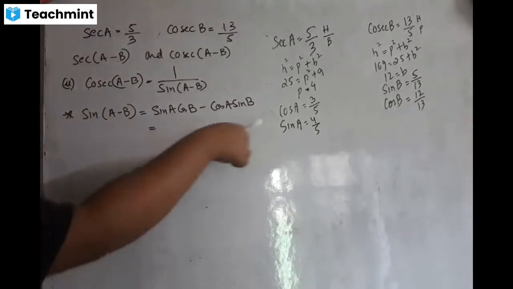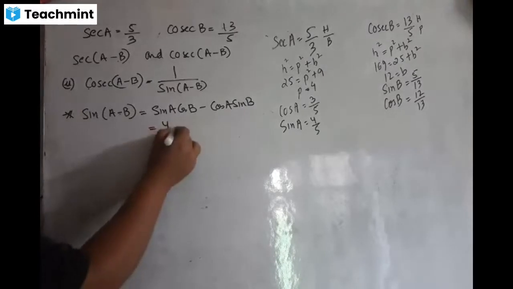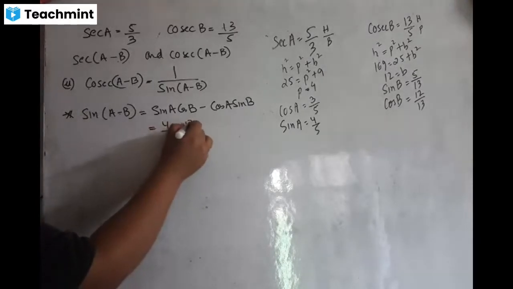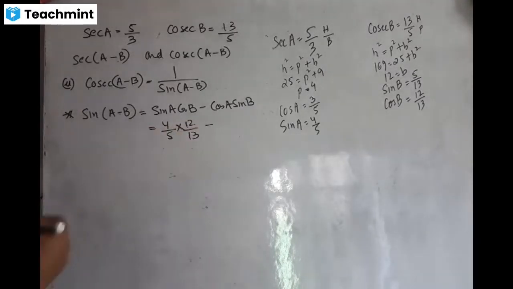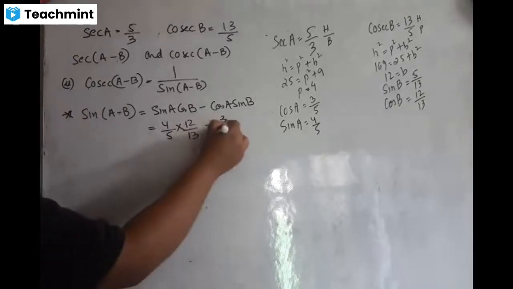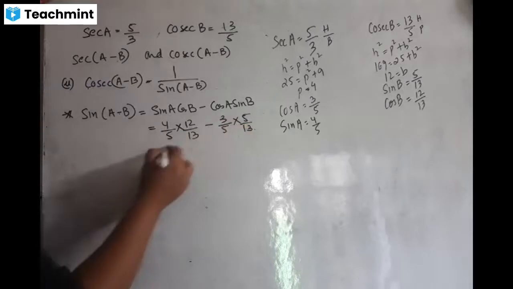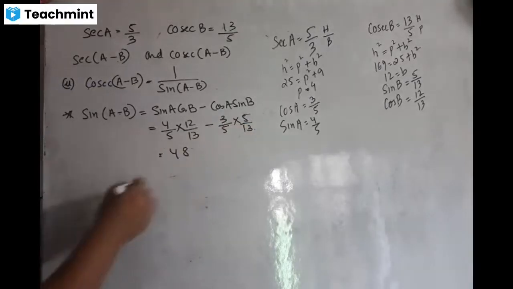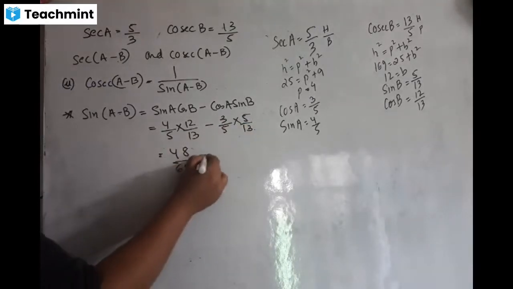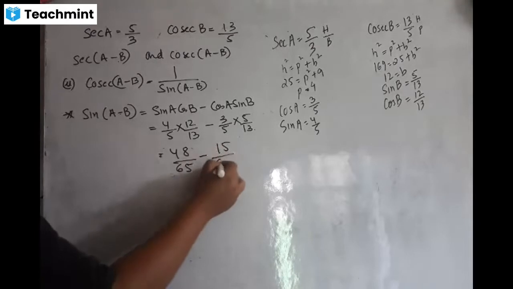Now put the value. What is sin A? 4 by 5. And what is cos B? 12 by 13. Minus cos A, 3 by 5, into sin B, 5 by 13. So what do you get? 4 into 12 is 48 by 65 minus 15 by 65.